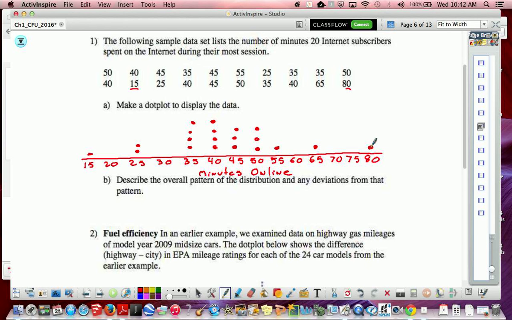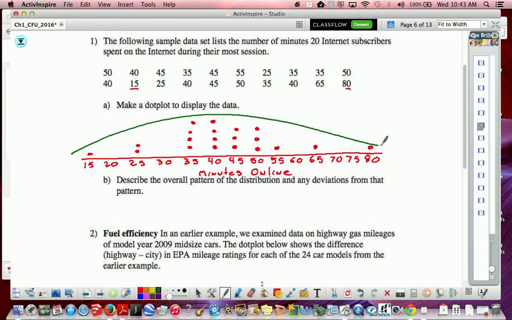On B, it says, describe the overall pattern of the distribution and any deviations from that particular pattern. If I take a look here, what I like to do is just kind of draw a curve over it, and we'll talk more about this as we continue on looking at the graphs.